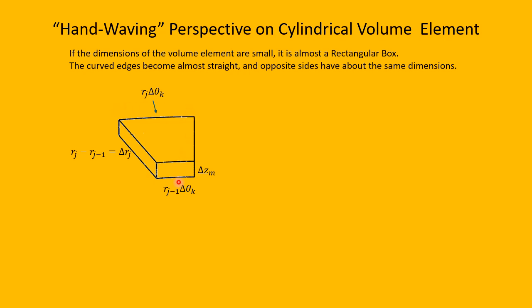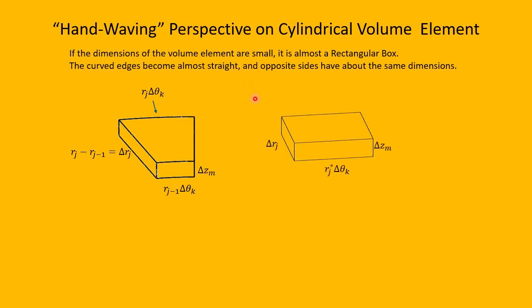This one doesn't look rectangular because delta r is quite large here. But if those are small, the curved edges become almost straight and opposite sides have just about the same dimensions. It's similar to what you saw in Calculus 1. If you take a small piece of a curve and zoom in, it almost looks like it's linear. So here's what we can do.